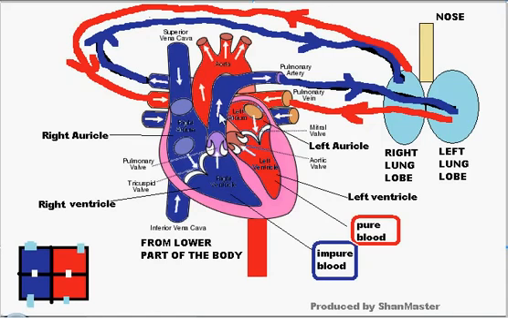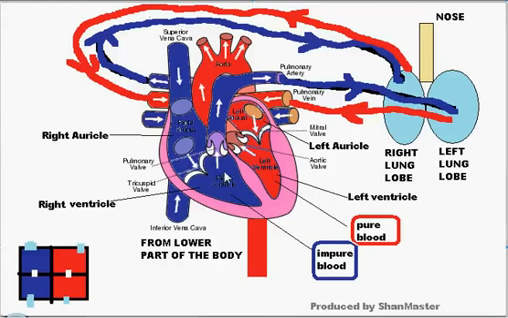Now, the impure blood from the right auricle moves into the right ventricle when the heart pumps. The pure blood from the left auricle moves into the left ventricle when the heart pumps. And this pumping is simultaneous. That is, when the top chambers are pumped, through the valves that you see here in white color, on either side, left side and right side, the blood flows through the valve into the ventricle.